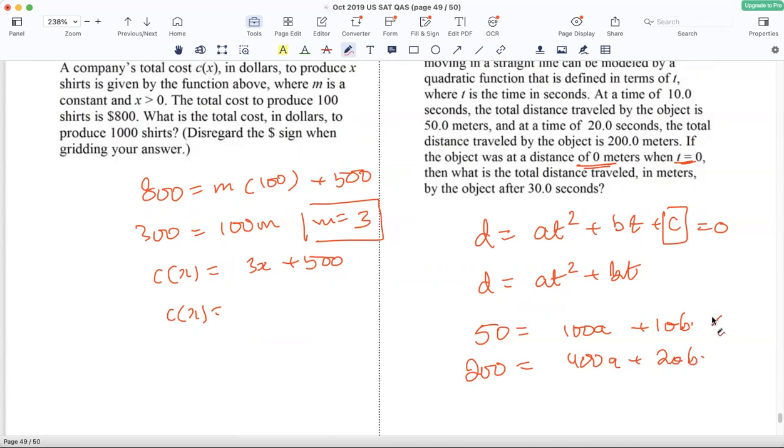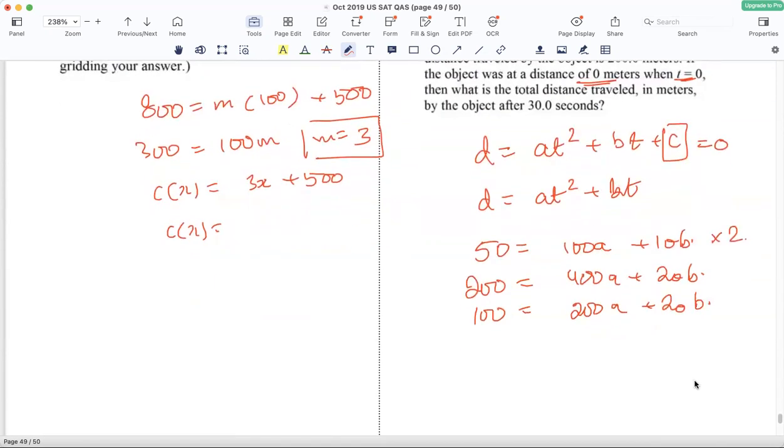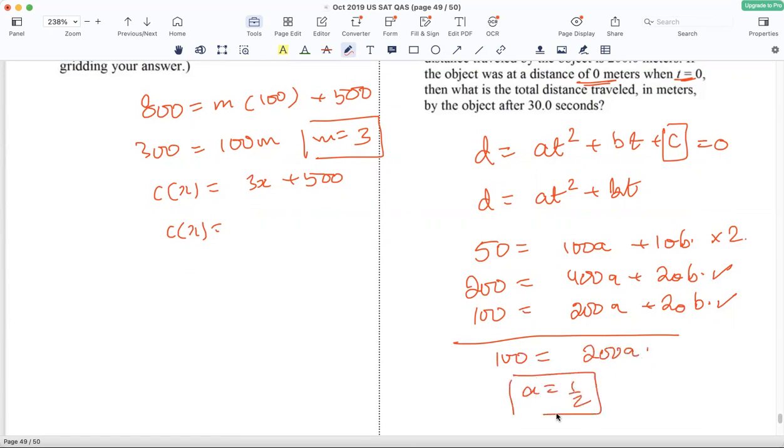Okay, so let's multiply this equation by 2. So I'll get 100 is 200a plus 20b. And now I'm going to subtract this equation from this. So I'll get 100 is 200a. So a is 1 by 2. And if I put that in this equation to get b, 50 is 50 plus 10b.